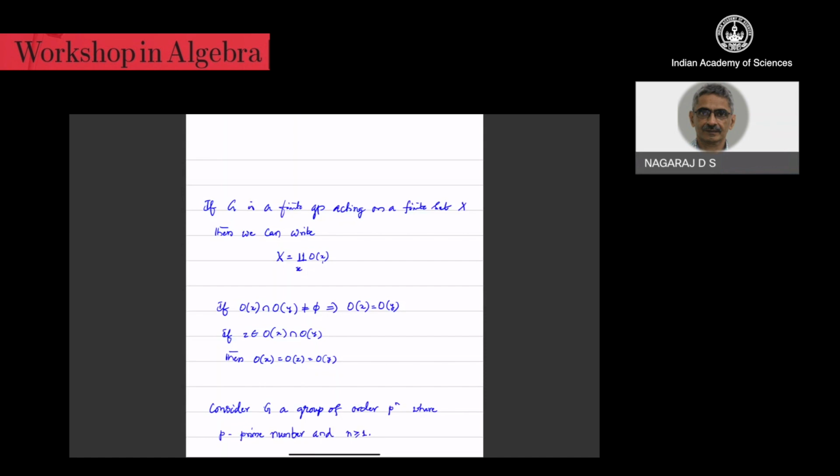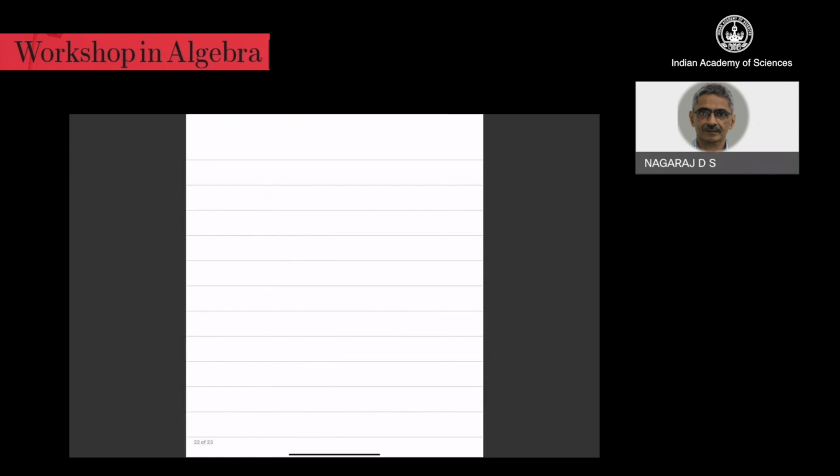So then what we want to show is that the center of G, C(G), is not equal to the trivial group.